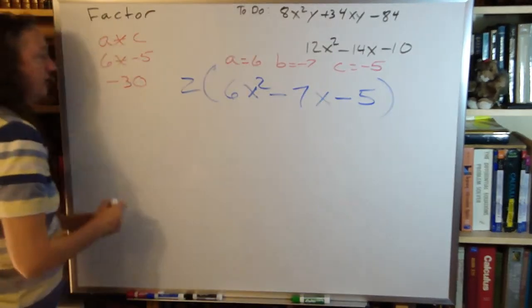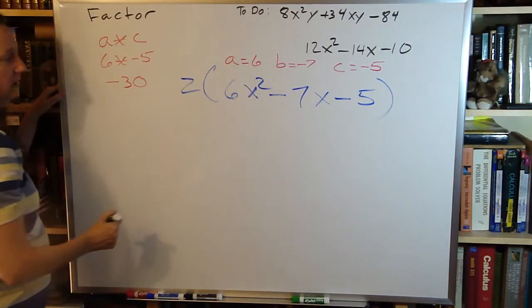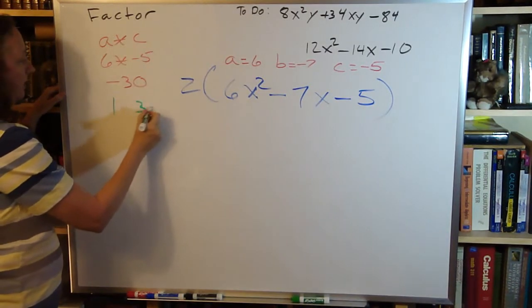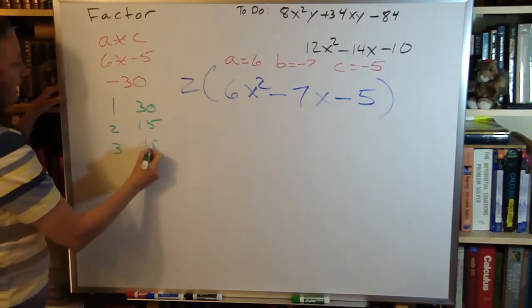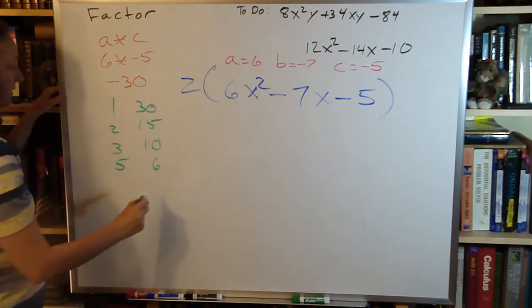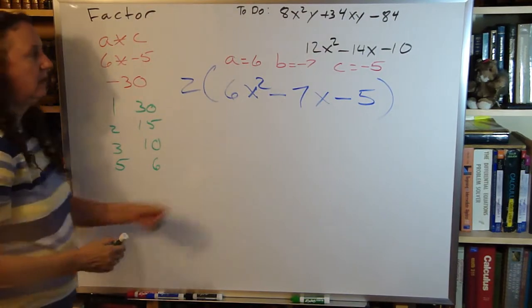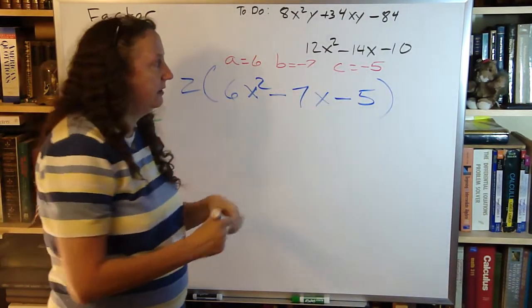I'm going to factor that negative 30 and see what factors give me the negative 7. But first I'm just going to list them. 1 and 30, 2 and 15, 3 and 10, 4, nope, 5, yes, 5 and 6. C is negative, so my signs are different.